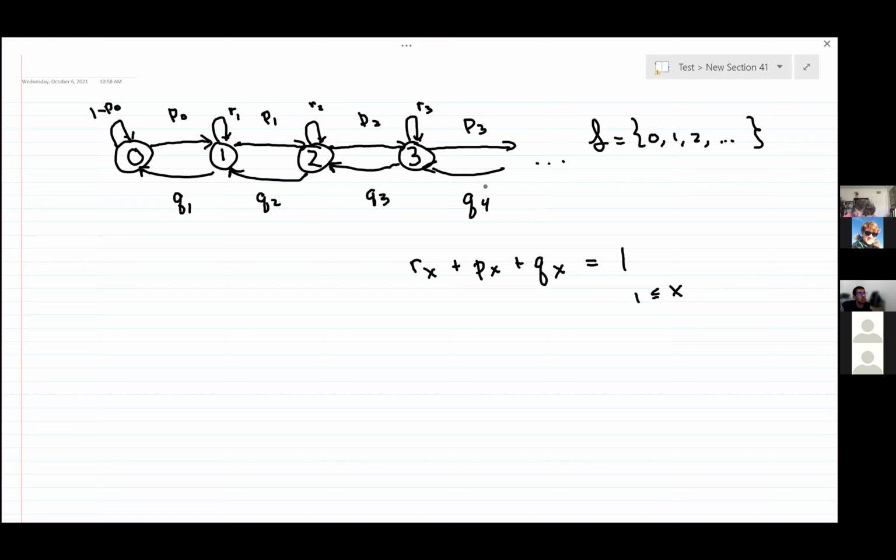Okay, so what's the objective? The first objective is to try to find a formula for this. So the book lets u of X be the following.